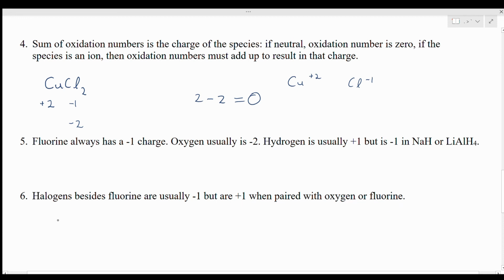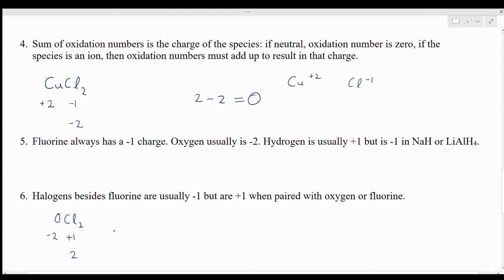If for some reason you had an oxygen paired with 2 chlorines, because this halogen chlorine is paired with oxygen, then the chlorine must take on a positive 1 oxidation number for each of its chlorines, and so the total oxidation number coming from chlorine will be 2 times positive 1, which is 2, and then we know from the rule above, number 5, that oxygen usually has a negative 2 charge.